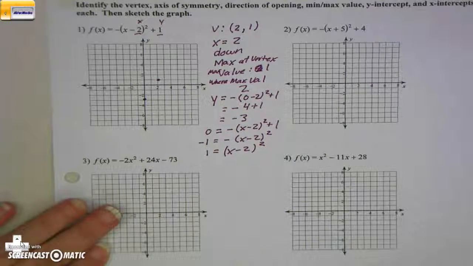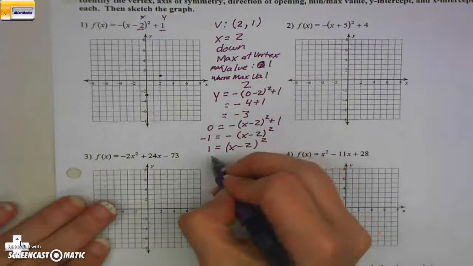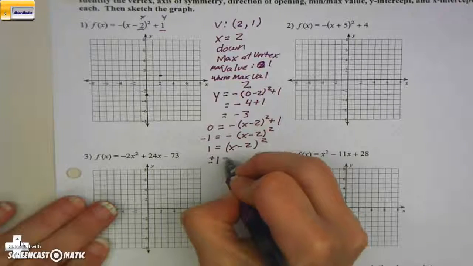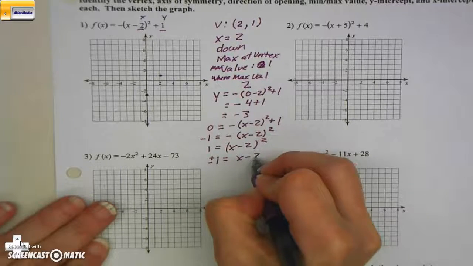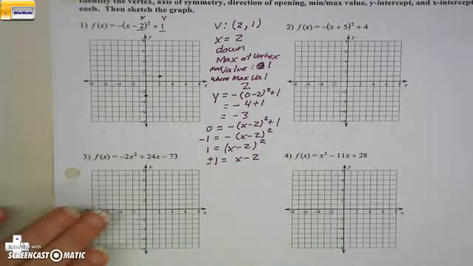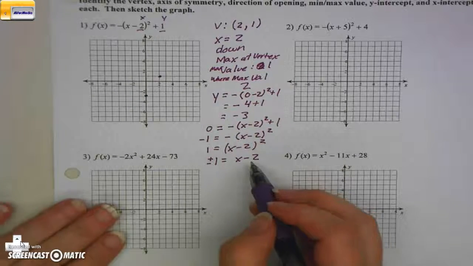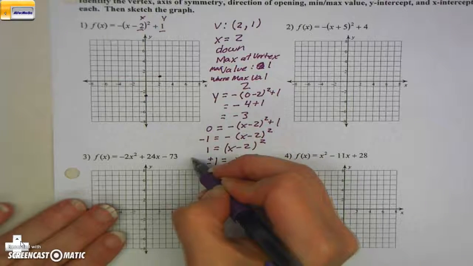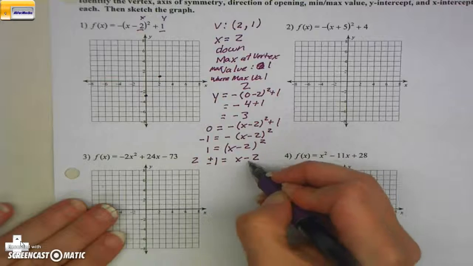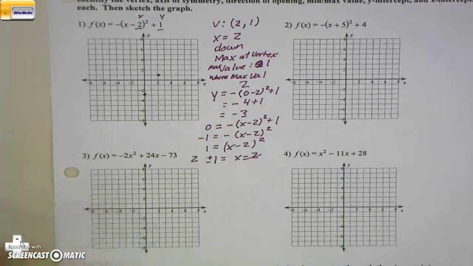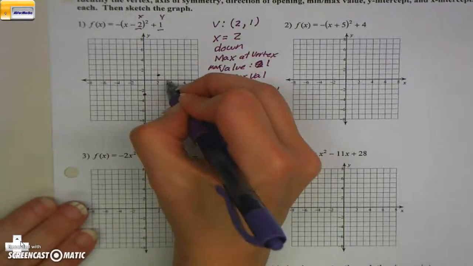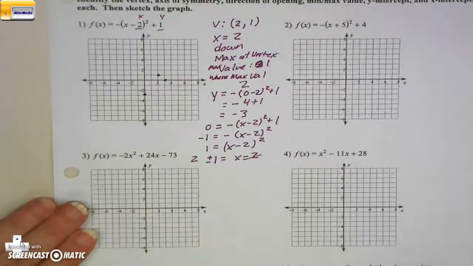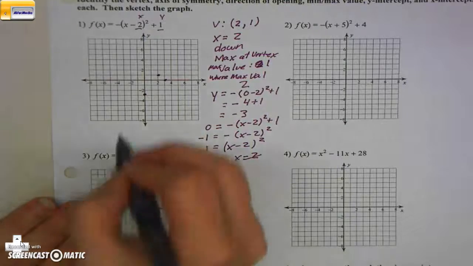Square root, and you get 2 answers, right? Positive negative 1 equals x minus 2. All right, so when I add 2 to both sides, 2 plus 1, 3. 2 minus 1, 1.